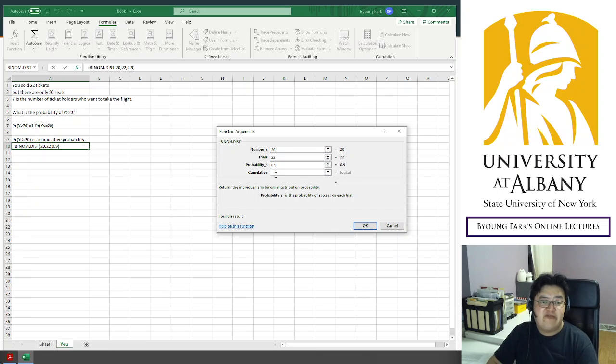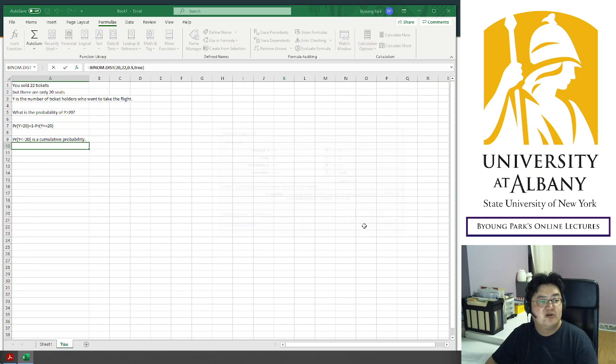We found those two parameters in a previous question, and we are interested in 20 or less. And now you change this entry to true, because we are interested in a cumulative probability. So put true. That is this much.